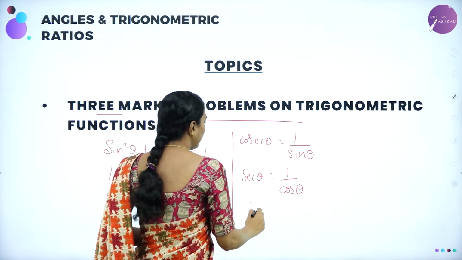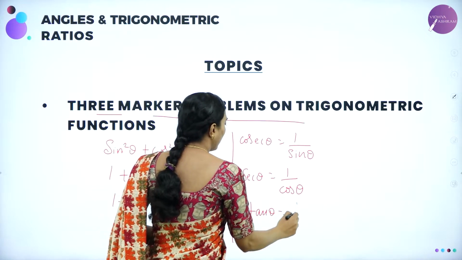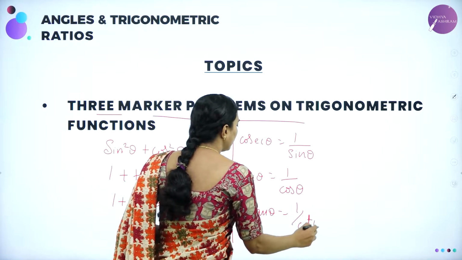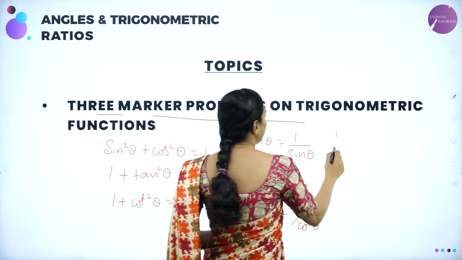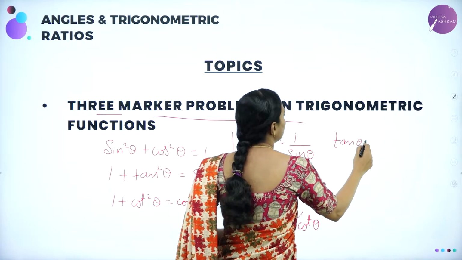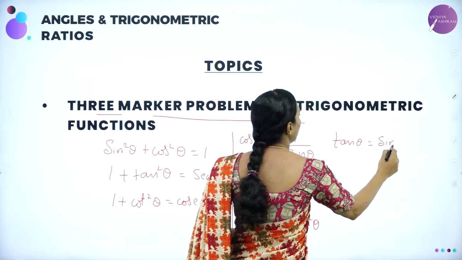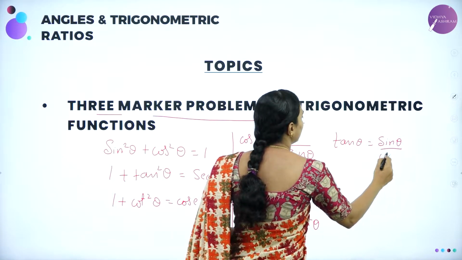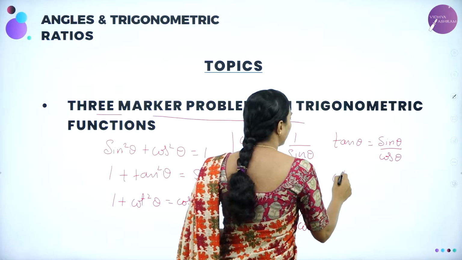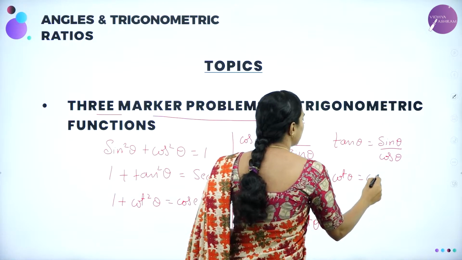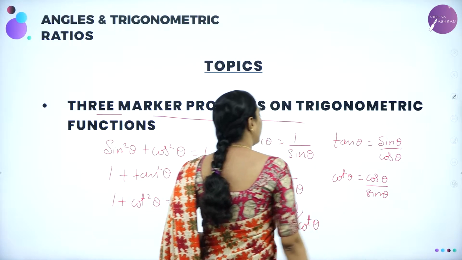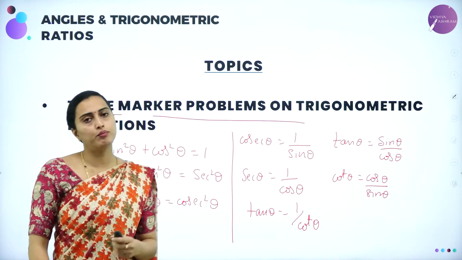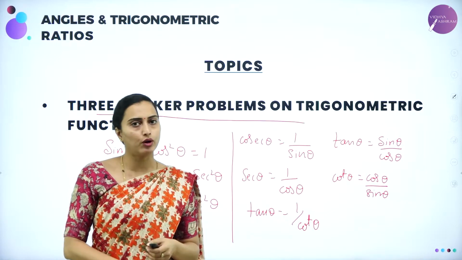Tan theta can be written as 1 over cot theta, or cot theta as 1 over tan theta. Similarly, tan theta can also be written in terms of sin and cos as sin theta divided by cos theta, and cot theta as cos theta divided by sin theta. Right? So these are all the formulas you have to remember to solve the problems.